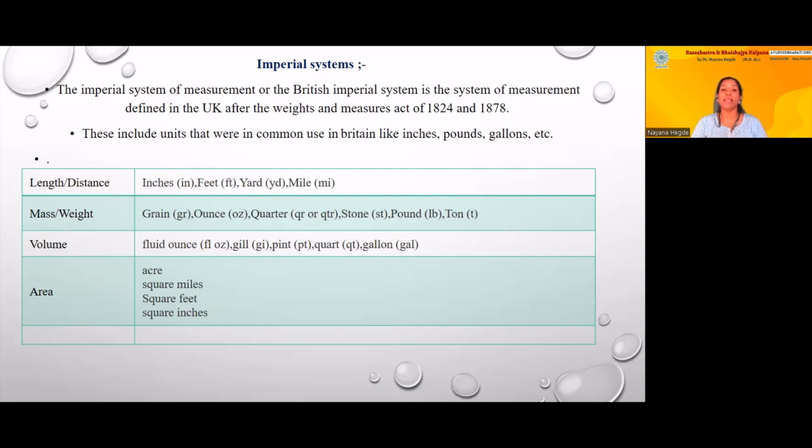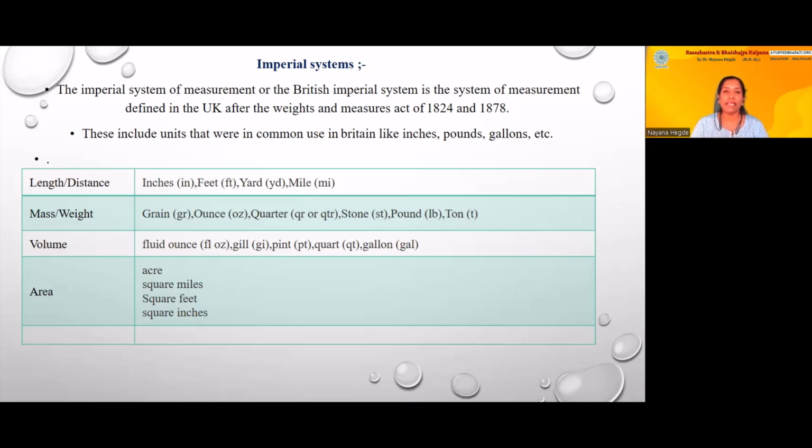The British imperial system is the system of measurement defined in the UK, United Kingdom, after the Weights and Measures Act 1824 and 1878. These include the measurements which are there in Britain like inch, pound, gallon, pint, etc.